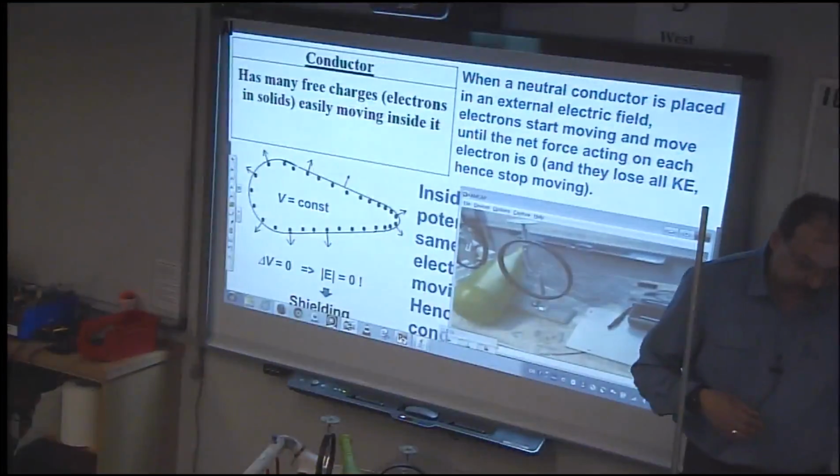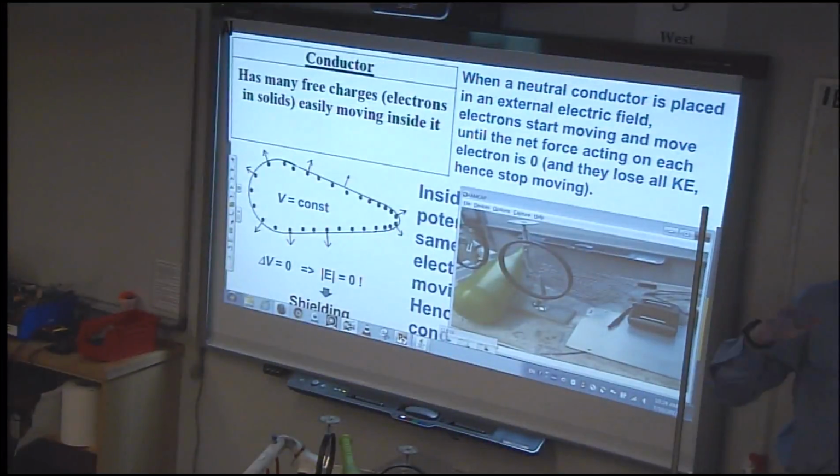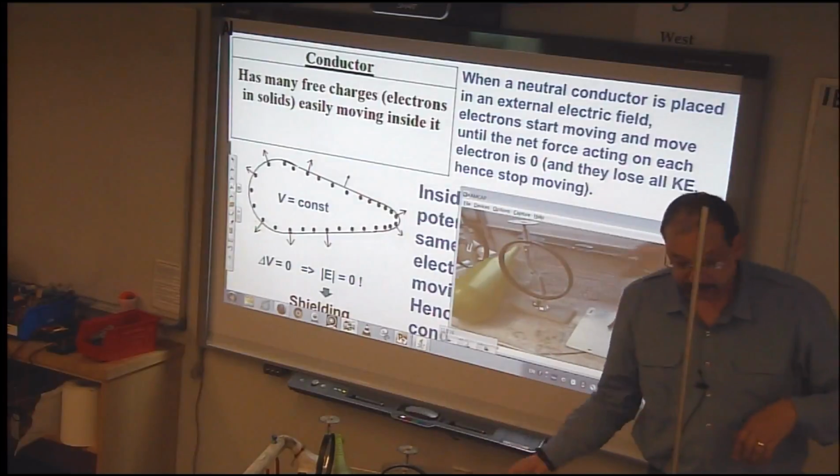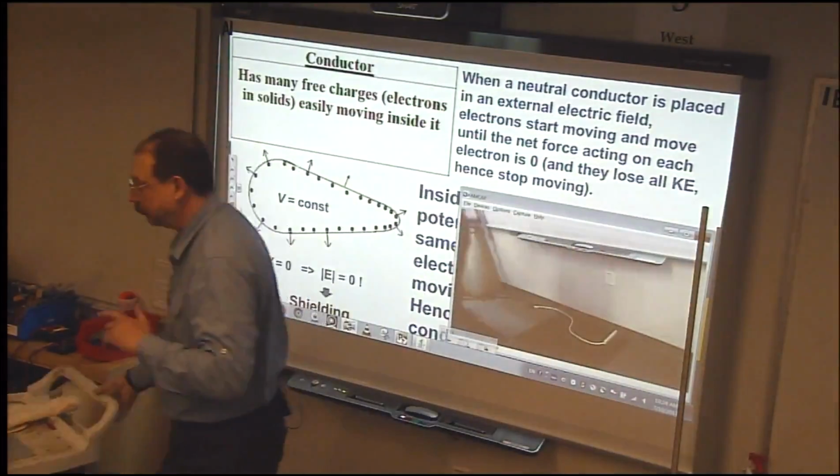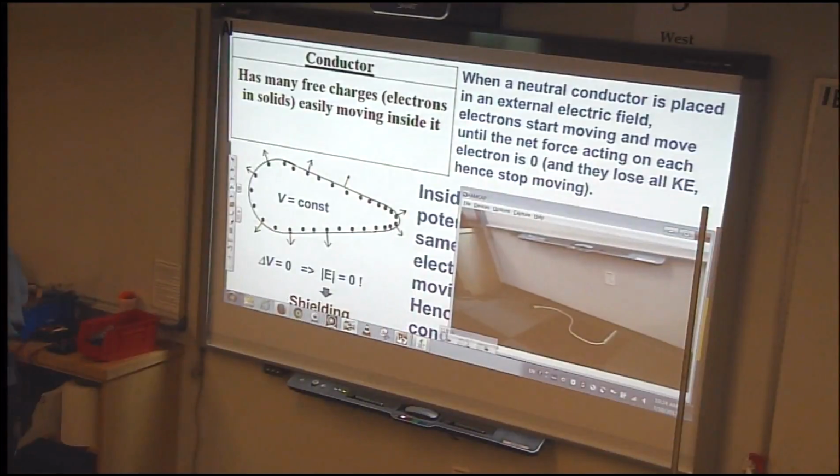And why? What's happening? Well, electromagnetic waves, radio waves, we're going to talk about. It's just a form of electric and magnetic field together, and it just cannot penetrate even through the cage. The first person who realized that was Faraday, Michael Faraday.